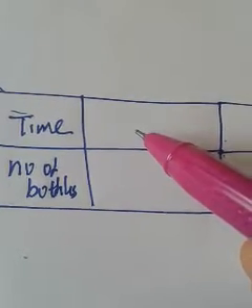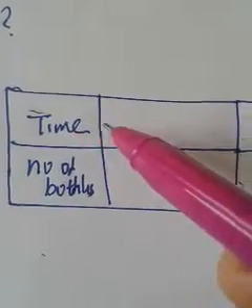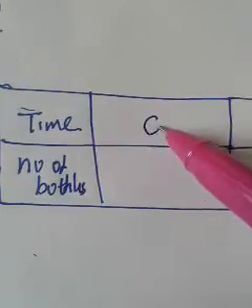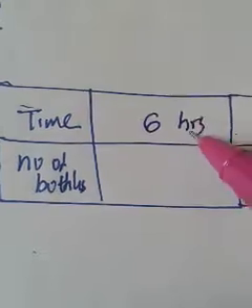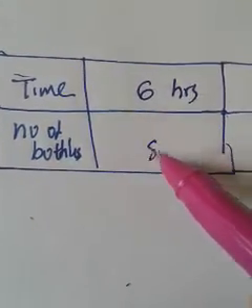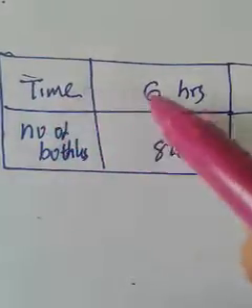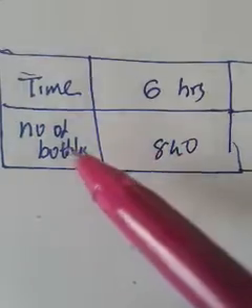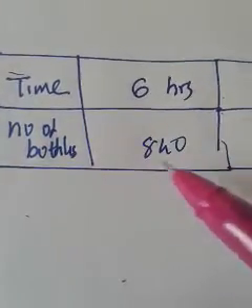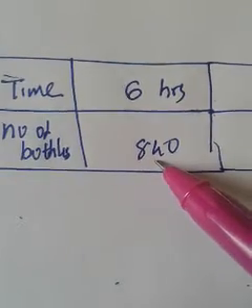A machine in a soft drink factory fills 840 bottles in 6 hours. That means corresponding to time, you can write 6 hours now. In 6 hours, how many bottles can that machine fill? 840. So in the time of 6 hours, that machine can fill 840 bottles. So corresponding to 6 hours, 840 bottles. Are you following me?